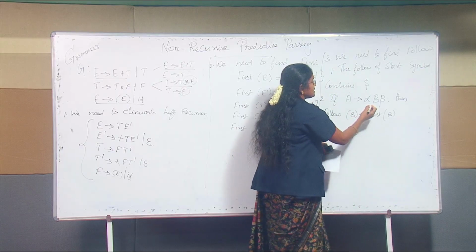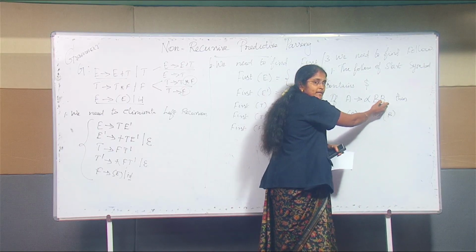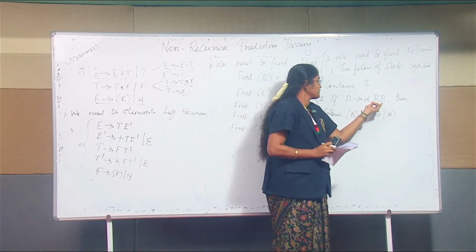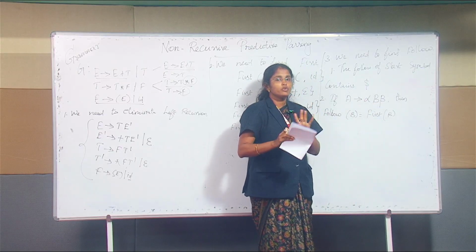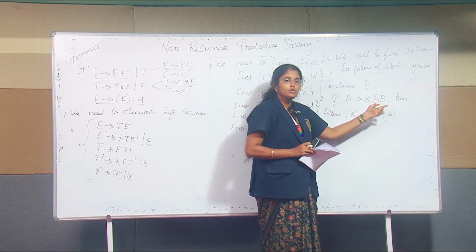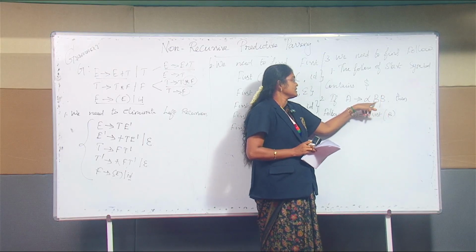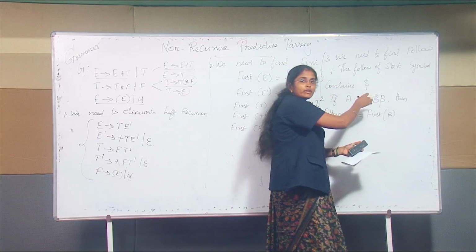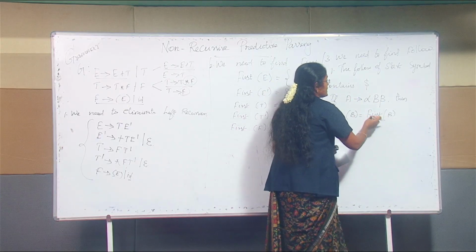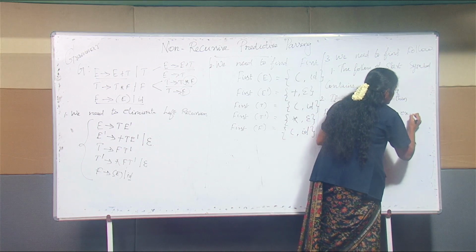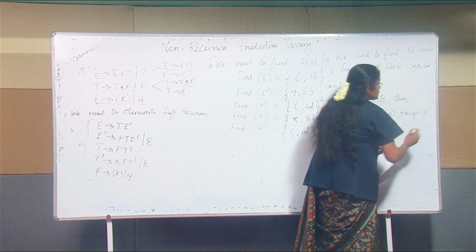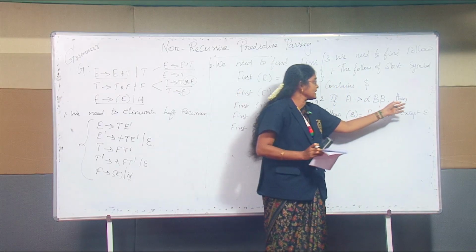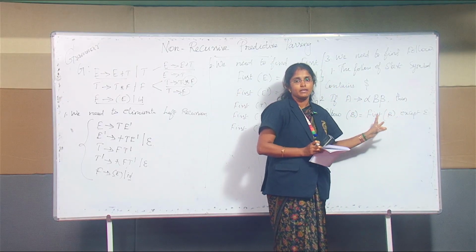Here look at this, B is followed by beta. So if the element for which you find the follow is present in between 2 elements, then the follow of B is the first of beta, because beta is following your B. So first of beta except epsilon. If the first of beta contains epsilon, you should not consider that in your follow.